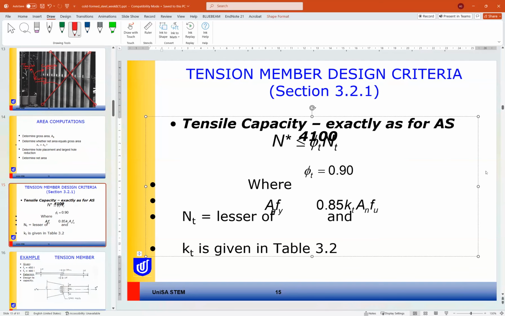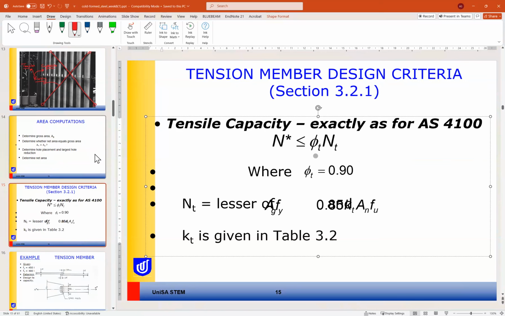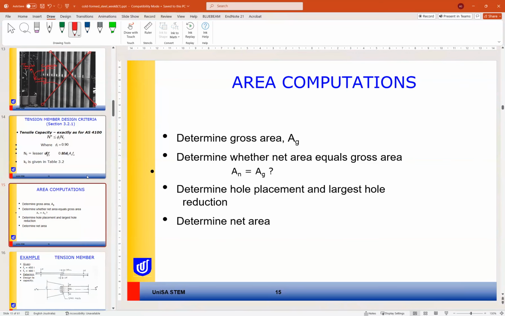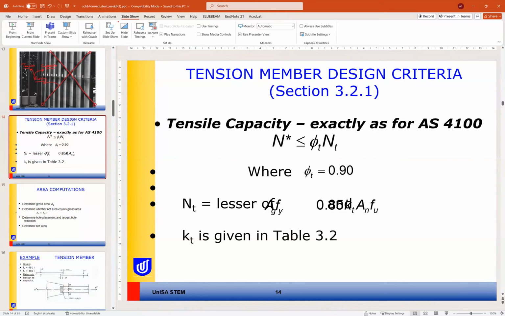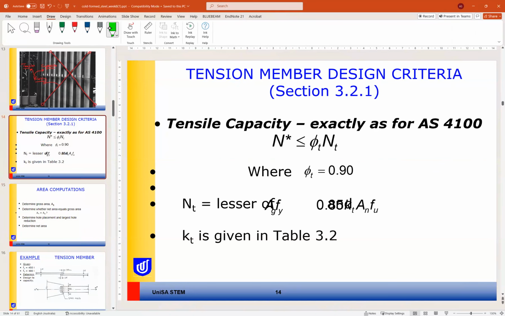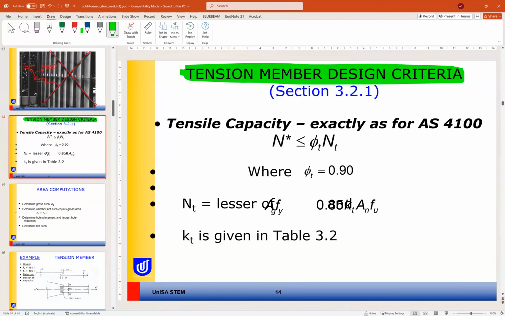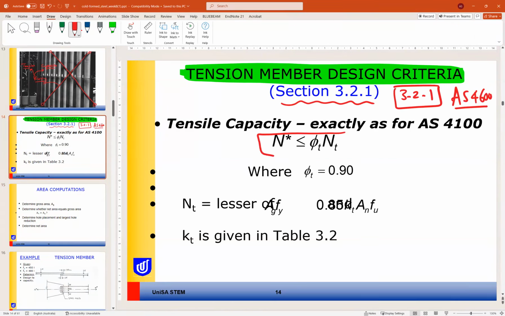So here is the standard. For the tension member under the cold formed steel standard, this is designed according to section 3.2.1 in the Australian standard 4600. So the design capacity N* should be less than or equal to phi t times Nt.